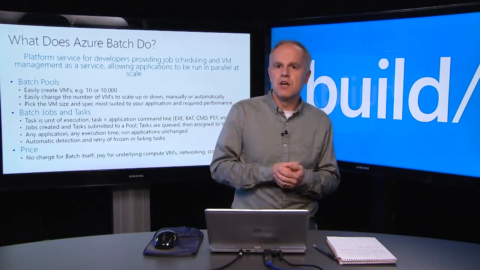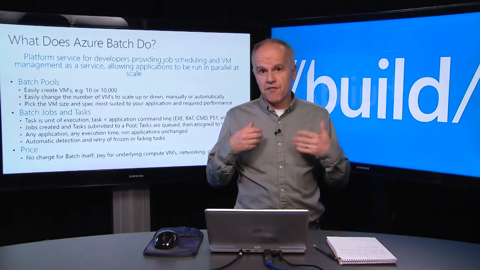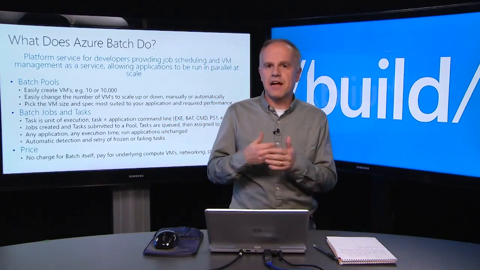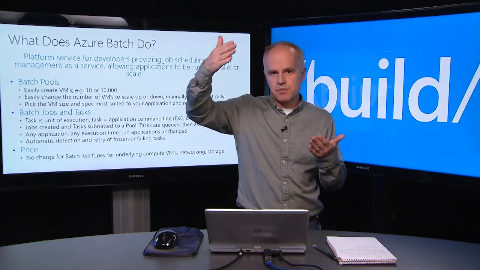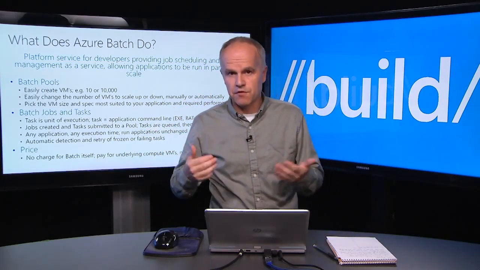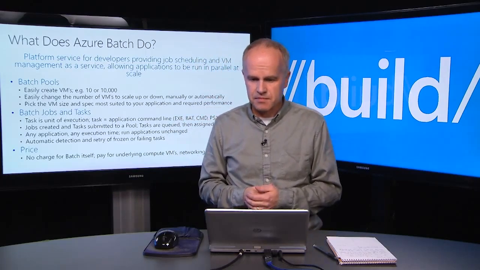You can do that manually, literally with a single API call, or you can have that happen automatically with an auto-scale feature built into Azure Batch. Every few minutes, a formula is evaluated and the number of VMs can either be raised, kept the same, or lowered according to the formula that you specify.